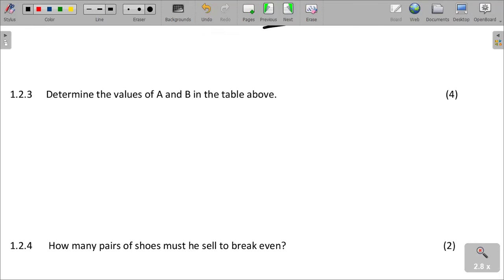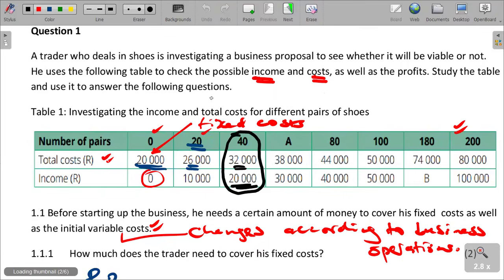Let's say the value of A. Determine the value of A and B in the table. In order for us to get A, how do we get A?